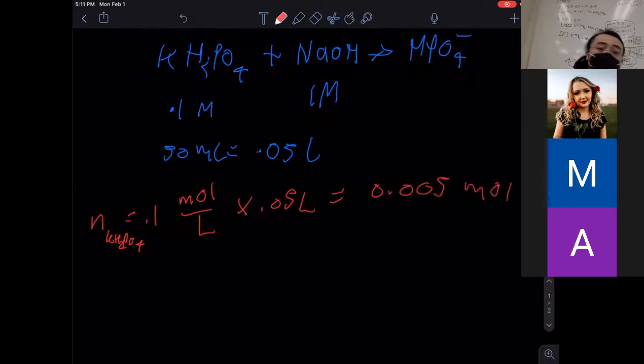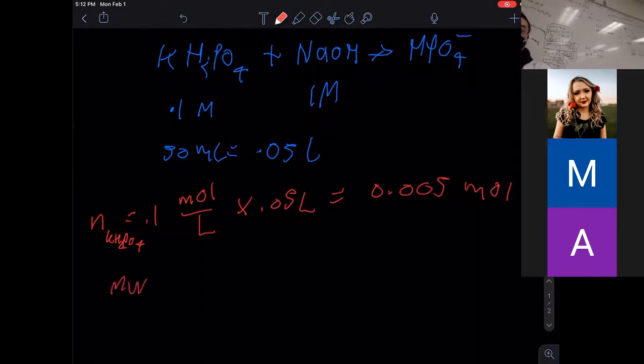Just to be clear, the phosphate compound is going to be the powder, right? Yes, so we need its mass. If you look here, that is the molecular weight. And we also have potassium phosphate dibasic.